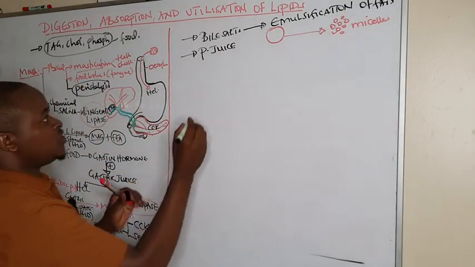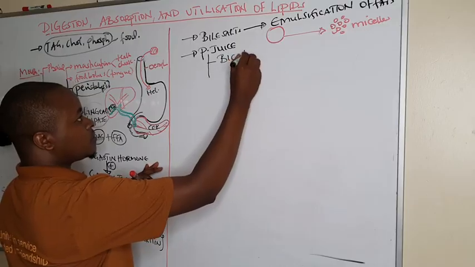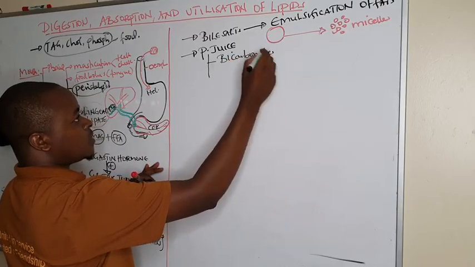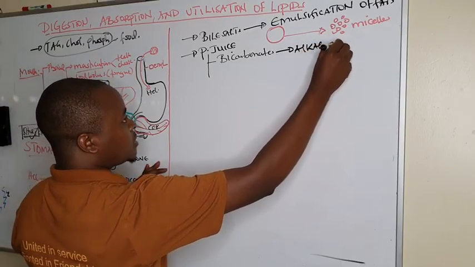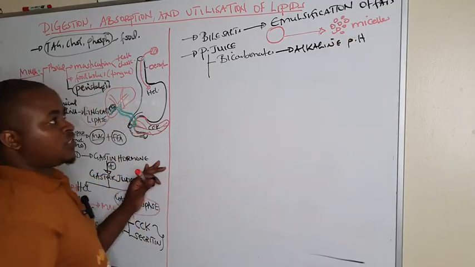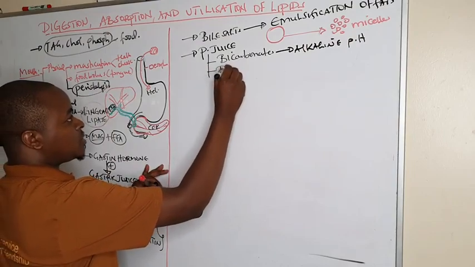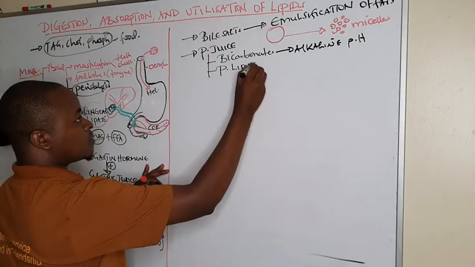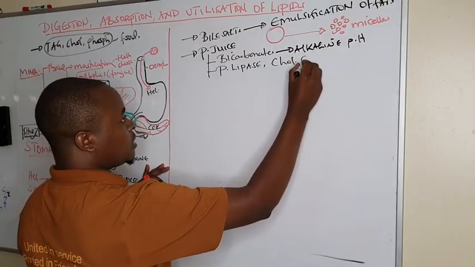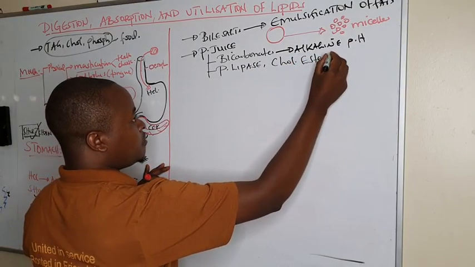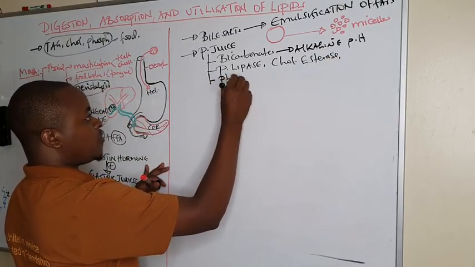And this pancreatic juice contains components like the bicarbonates. These provide alkaline media by neutralizing the HCl from the stomach. They contain enzymes like pancreatic lipase, cholesterol esterase, and also an enzyme known as phospholipase A2.